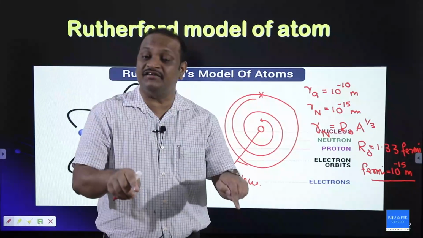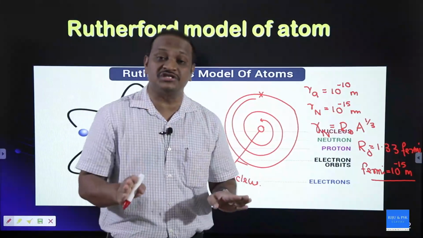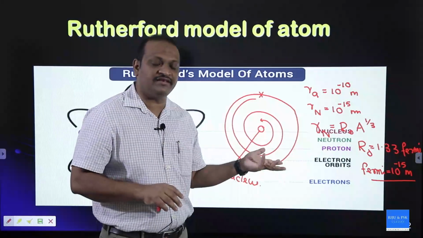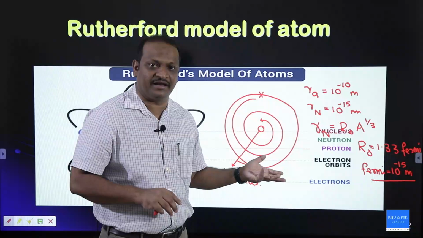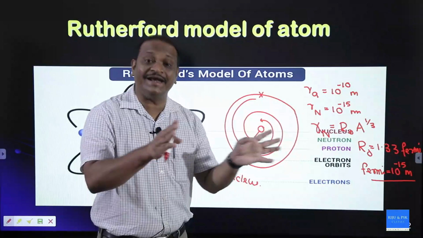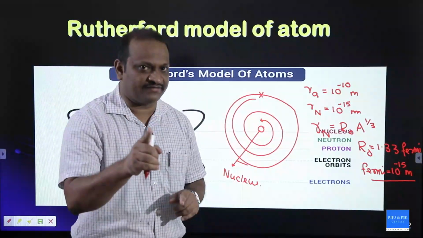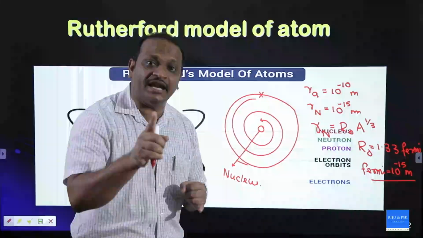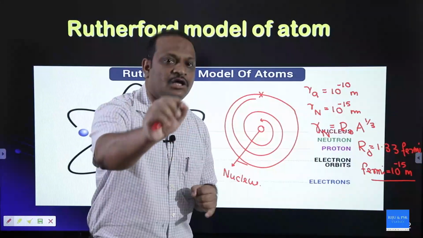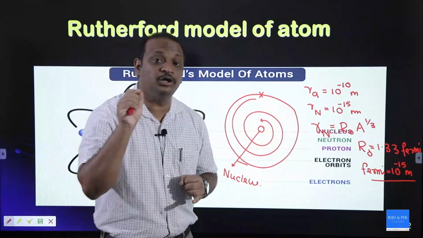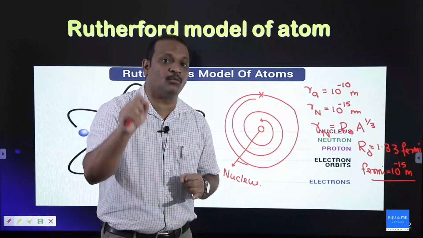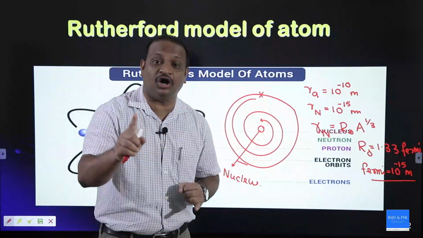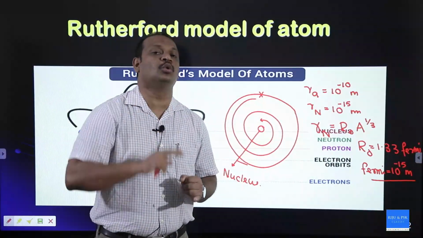But in real practice, electrons are stable around the nucleus. Such collision with the nucleus is not happening in any case. So Rutherford couldn't explain the stability of electron around the nucleus. Now the point: what is the drawback of the Rutherford model of atom? First point, he couldn't explain the stability of electron around the nucleus.